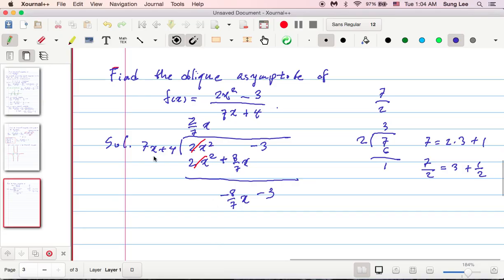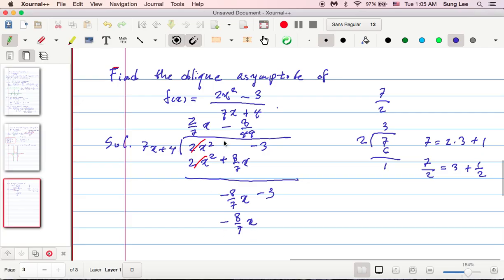To do so, you will have to multiply 7x plus 4 by what? Negative 8 over 49. If you multiply 7x by negative 8 over 49, that leaves negative 8 over 7 x.